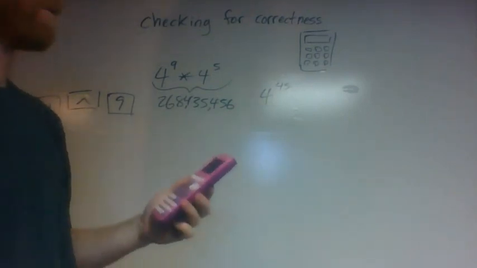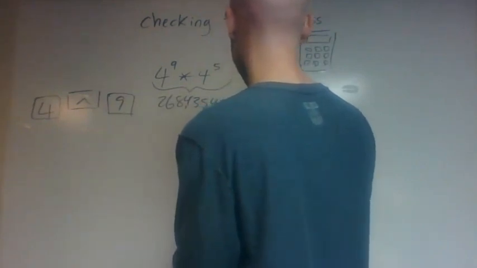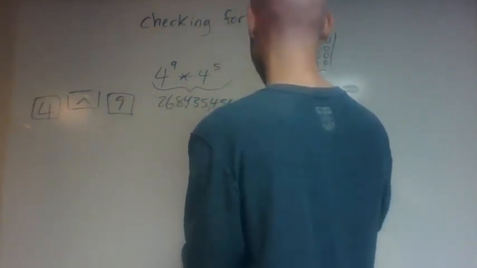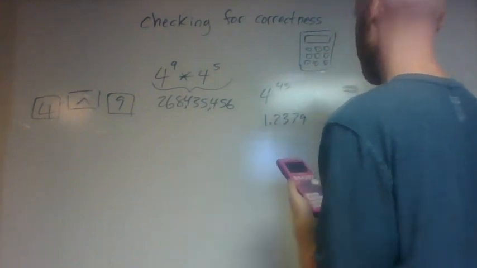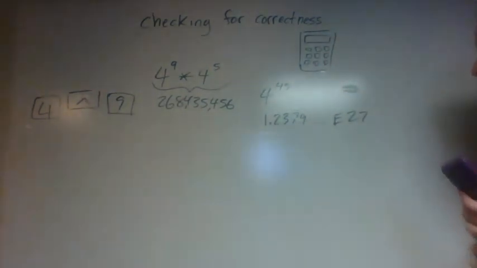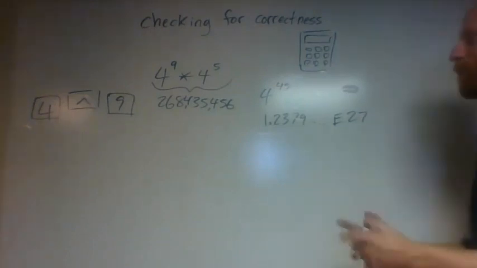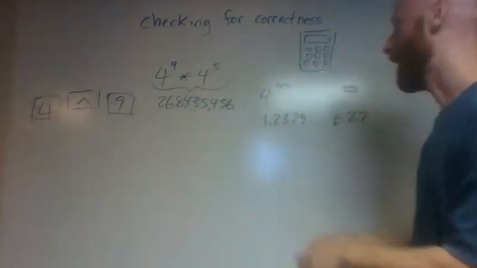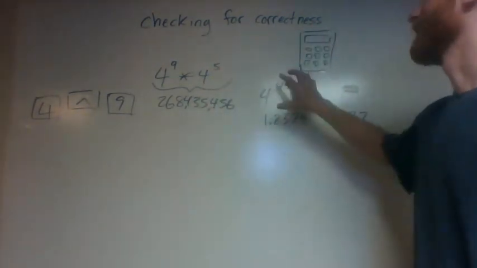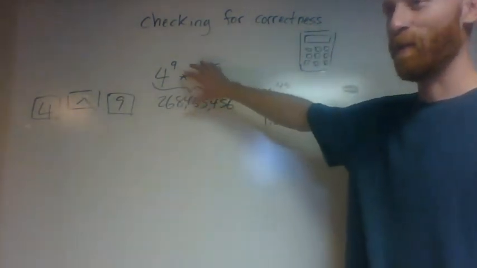All right, 4 to the 45th power gives me 1.2379 and some more numbers, E27. Now, for checking purposes, the only thing that we care about is these don't match, right? If they don't match, then this is not a simplified form of that.